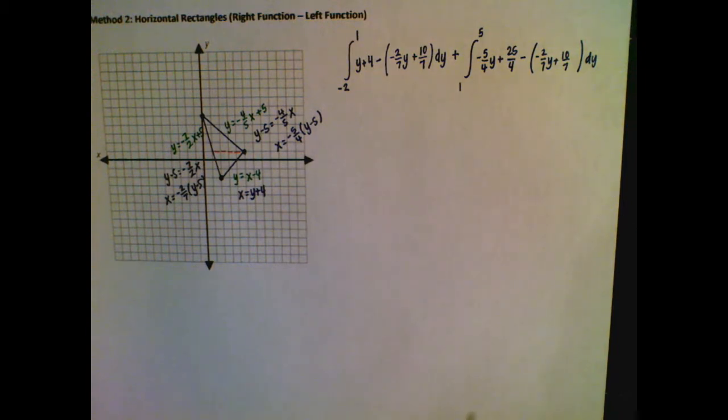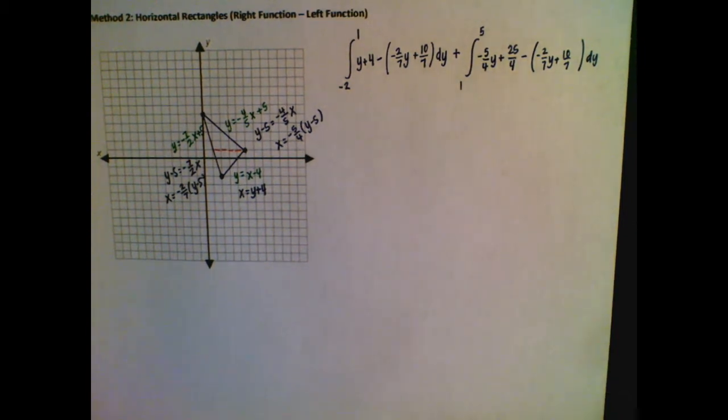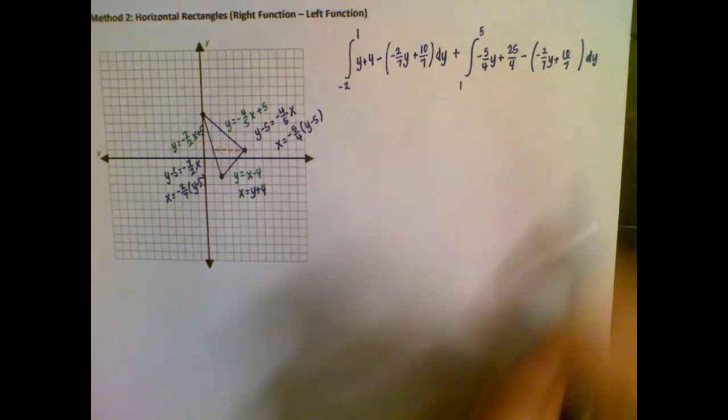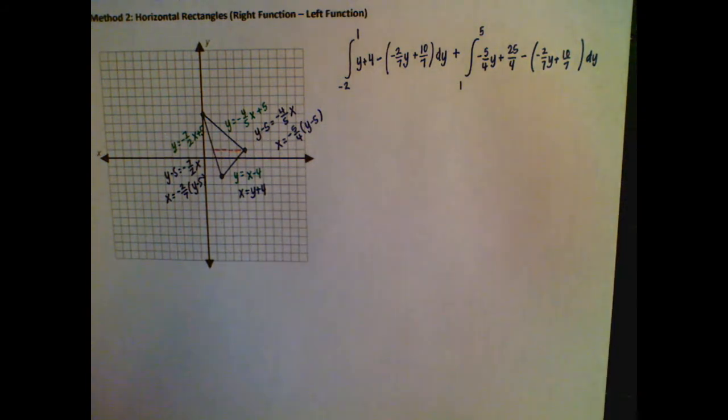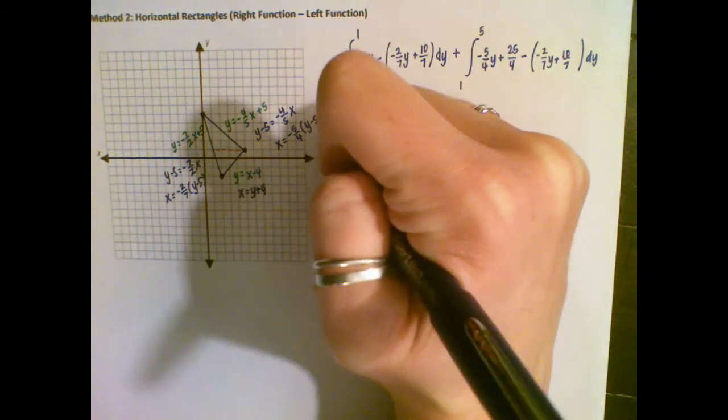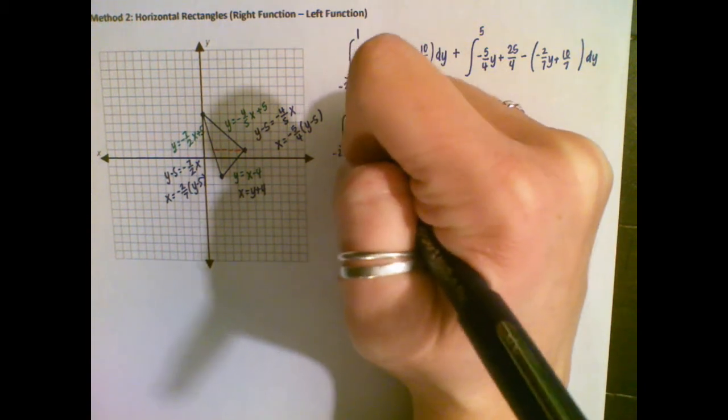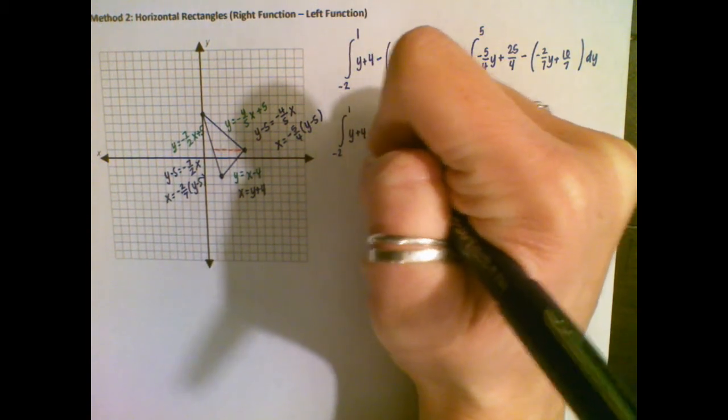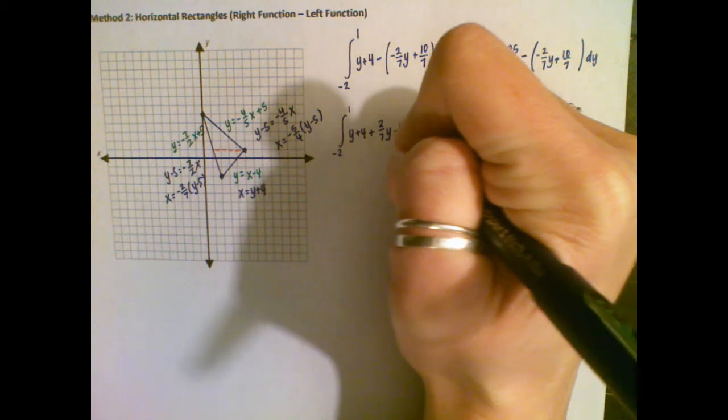And again, we can clean this up a little bit before we plug it into the calculator. If you wanted to go ahead and evaluate as it is, you definitely can. So I'll write that as the integral from negative 2 to 1 of y plus 4 plus 2/7 y minus 10/7 dy.